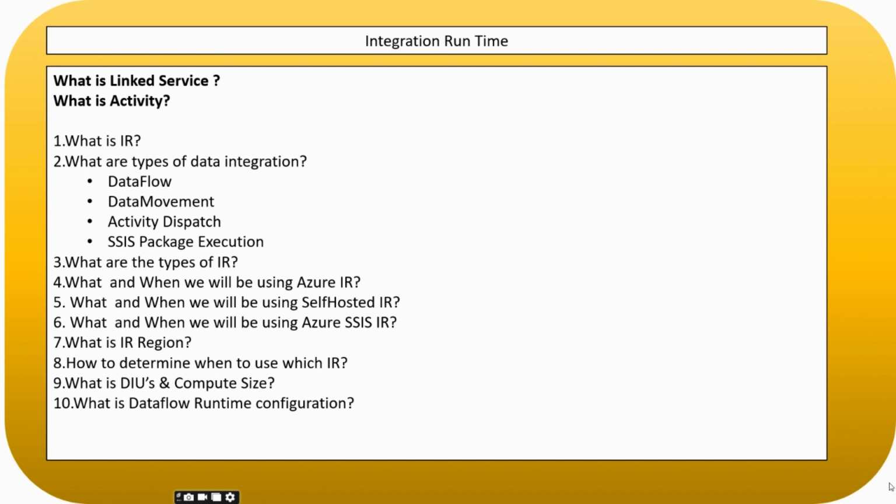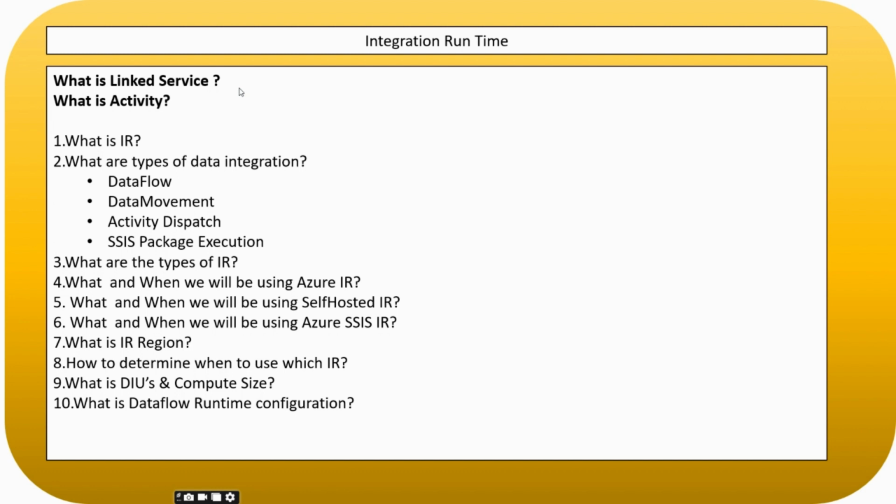As we all know, a linked service is equivalent to a connection string. It is used to establish a connection to a data store. So what is an activity? An activity is nothing but a task. If you have a big task, you can break it down into multiple subtasks, correct?